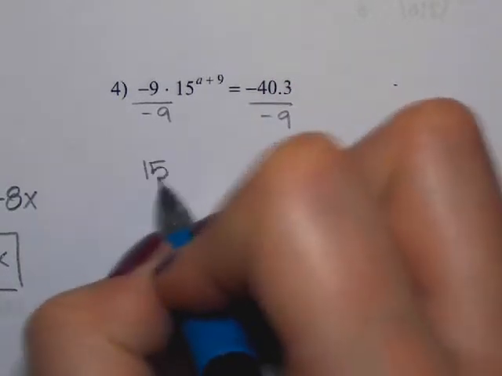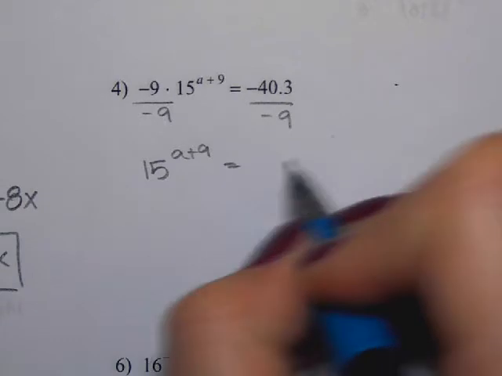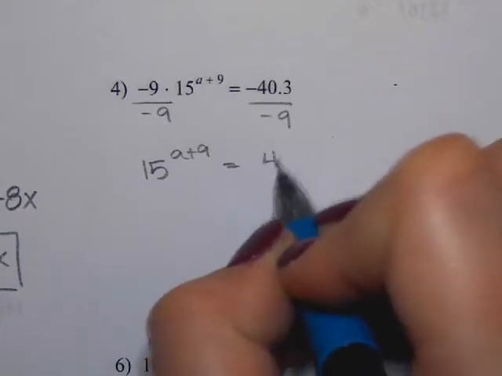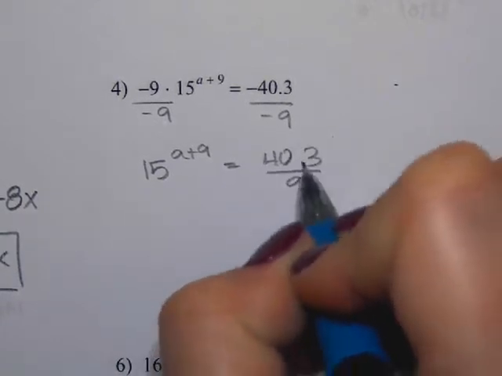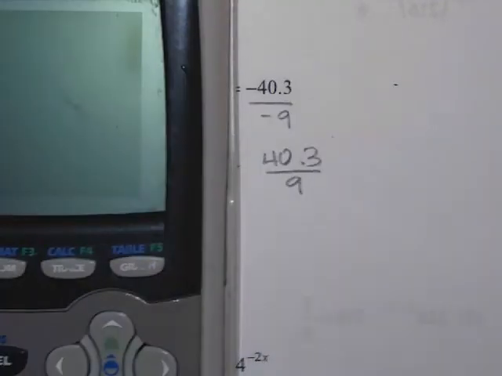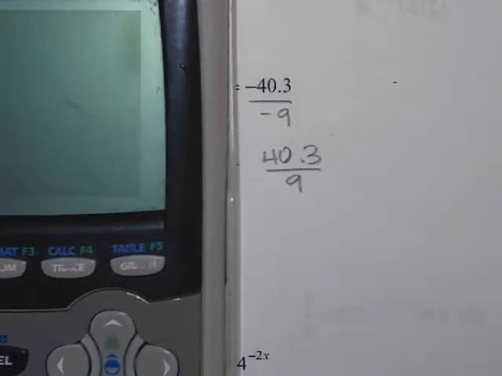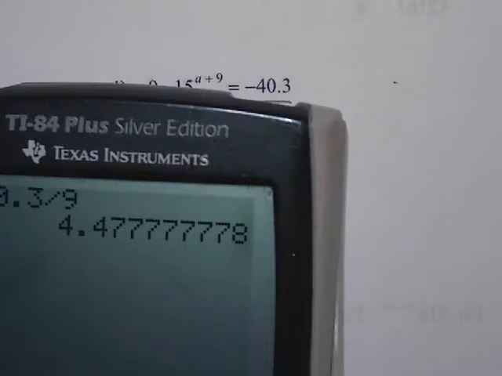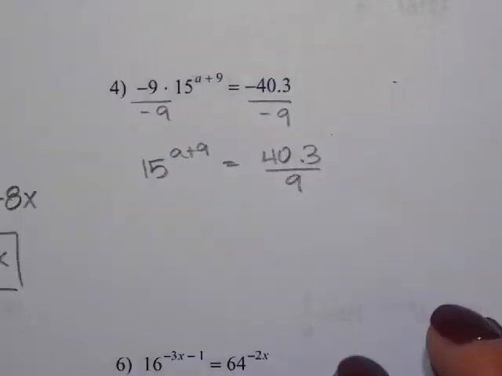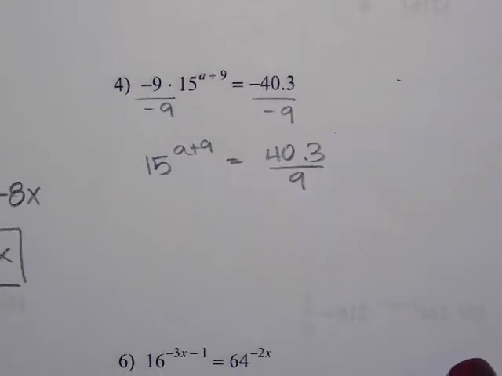So 15 to the A plus 9 equals 40.3 over 9. Does that equal a nice decimal? 40.3 divided by 9. That is not a nice decimal. We're going to leave that as a fraction. Now I need to get to the A, but the 15's in the way.